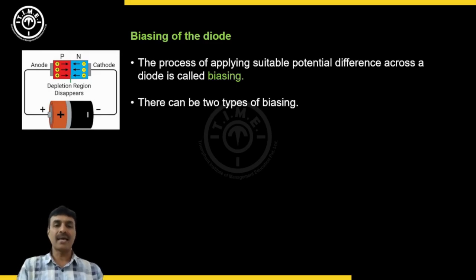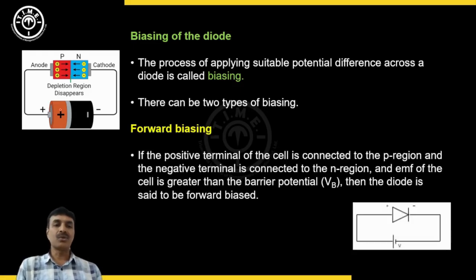So in forward biasing, the positive terminal of the battery, as shown here in the figure, is connected to the P region, and the negative terminal of the battery is connected to the N region of the diode. Then the diode is said to be in forward bias, provided the cell EMF is greater than the barrier potential VB.